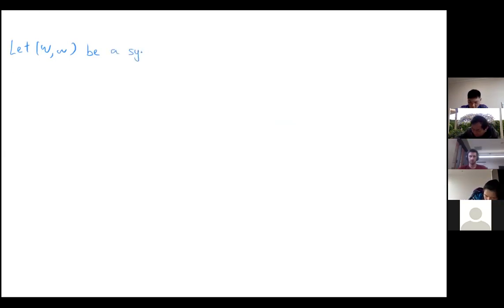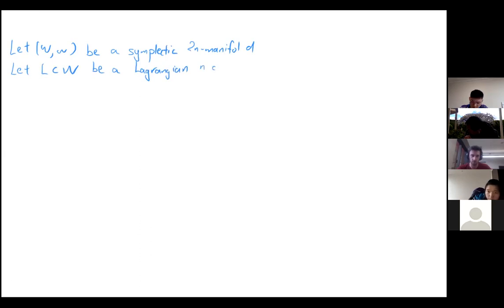In this case, they call it a framing. I think the n-sphere here really means n-sphere, because you are in the 2n manifold. So we take a framing.